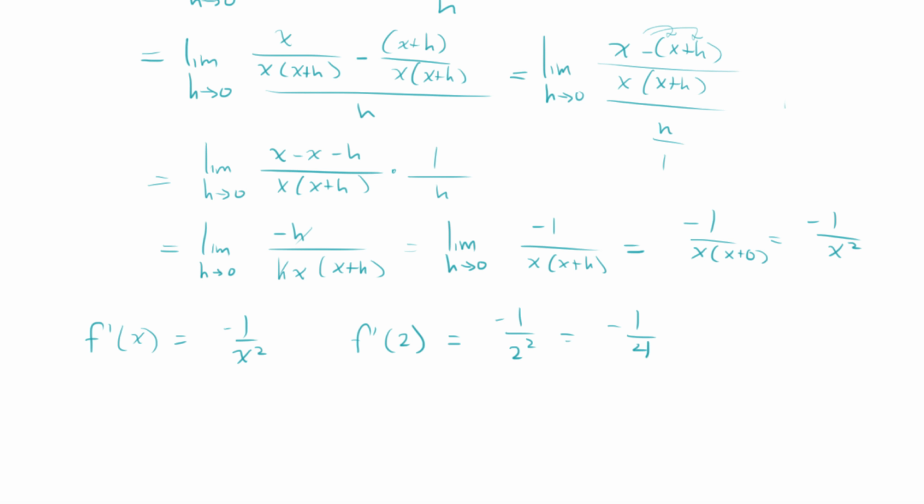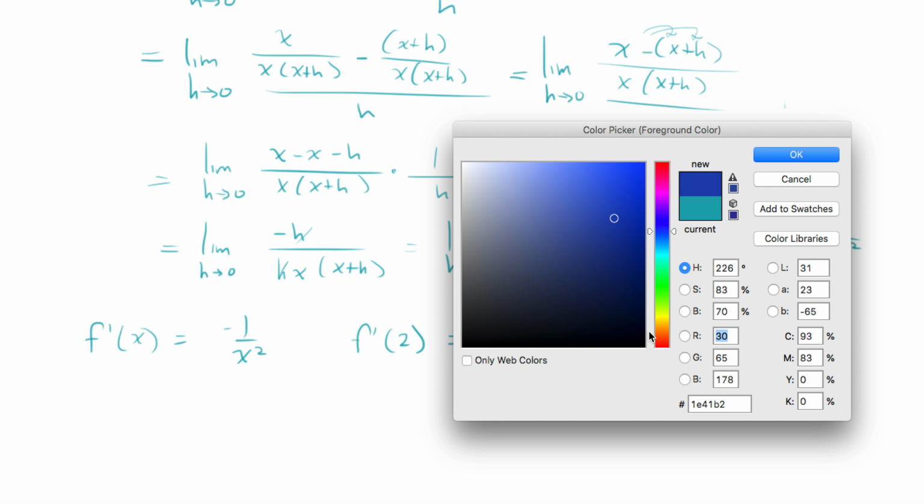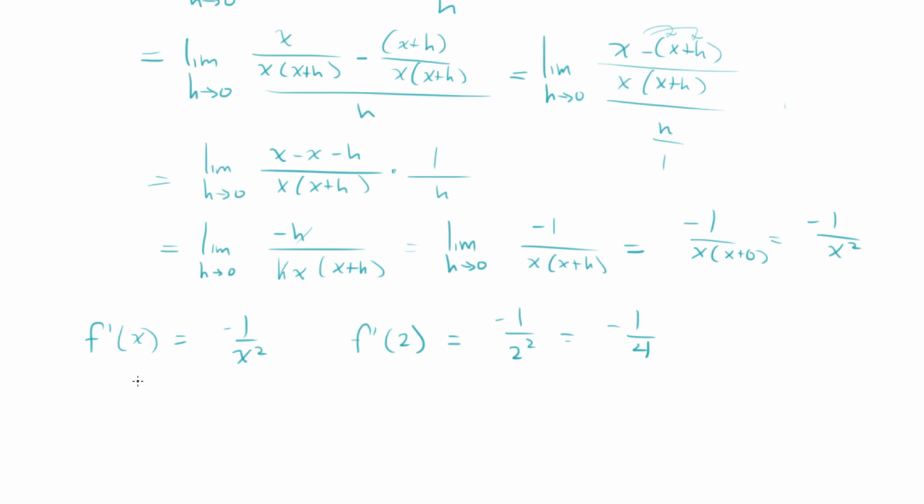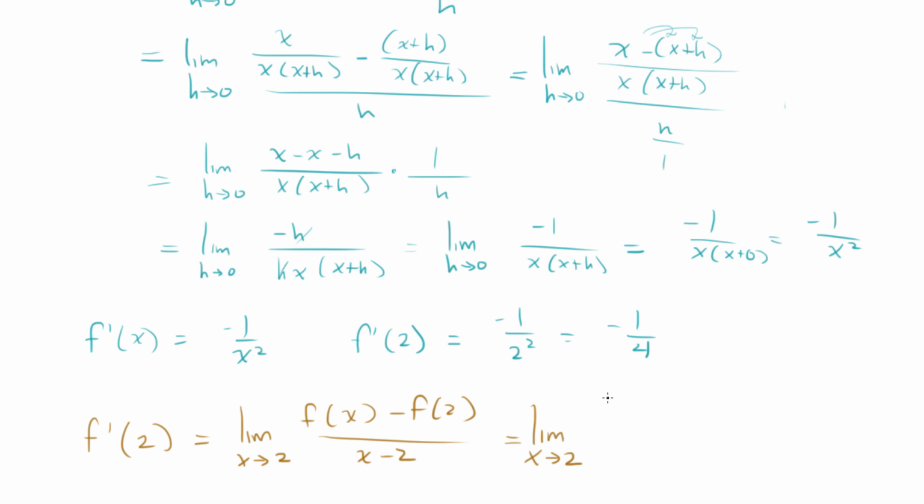And now let's find that exact same value using the other formula. So f prime of 2 is the limit when x approaches 2 of f of x minus f of 2 over x minus 2. X approaches 2 of f of x, which is 1 over x, minus f of 2, which is 1/2, over x minus 2.